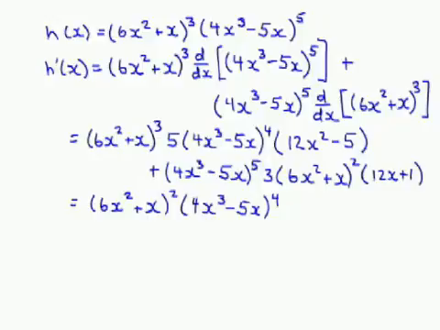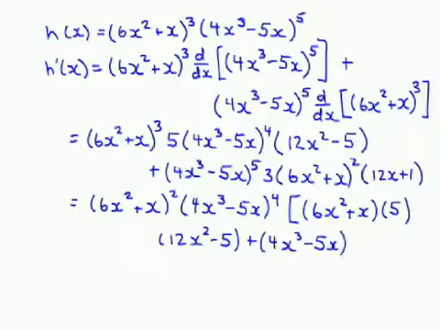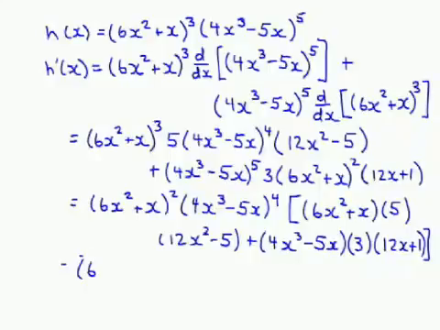When I do that, I'm left with, in the squared brackets, (6x squared plus x), which is multiplied by 5, which is then in turn multiplied by (12x squared minus 5). Add to that (4x cubed minus 5x), which is multiplied by 3, which is in turn multiplied by (12x plus 1). In the last step on this particular screen, all I've done is expanded those terms in the squared brackets.